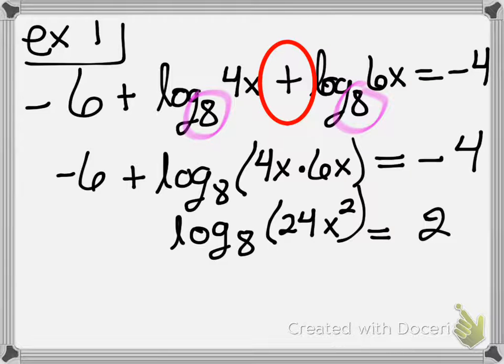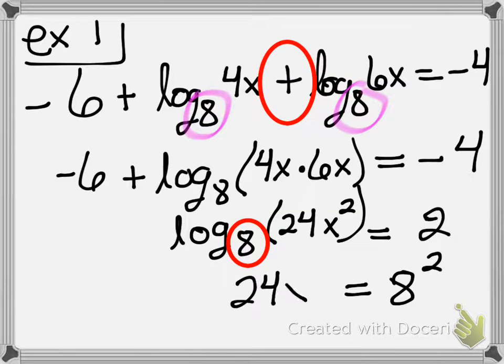Now this looks just like a problem that we did a couple of videos ago. We're going to take the base of the logarithm and make it the base of an exponent on the other side, and just set it equal to what's left. And then we just solve.